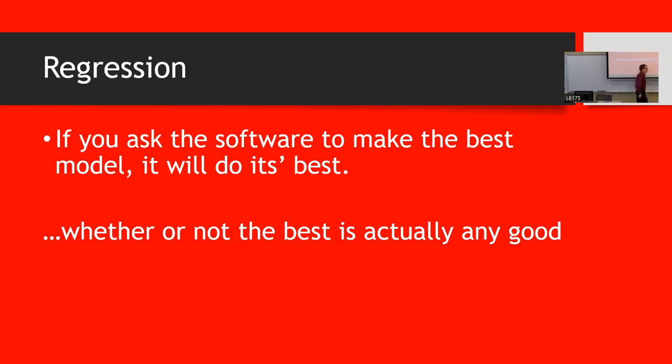Now, the regression model is going to have its limitations. We're going to ask the software to create the best model it can, given what we tell it to. So if we say, create an exponential model that fits the given scatter plot, and an exponential model is not going to be a good one, it's still going to create an exponential model, it just might not be very good.